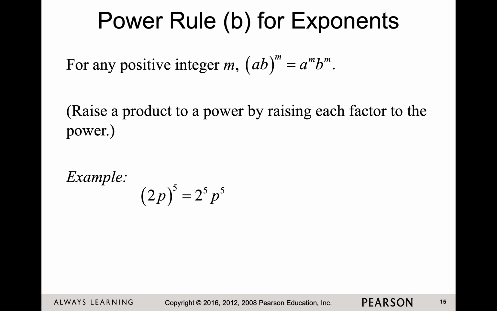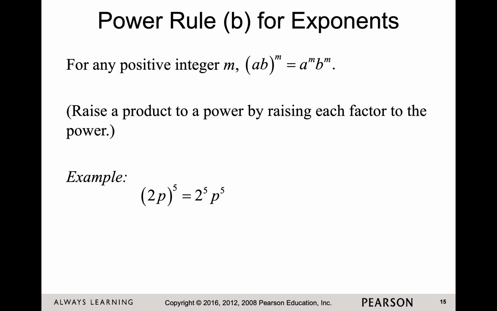Now we have another rule. This is the power rule part 2. So I'm raising something in parentheses to an exponent. If you remember the distributive property, we recognize that property from having a set of parentheses with a number in front. This is kind of the exponent equivalent to that. I'm raising something in the parentheses to an exponent.